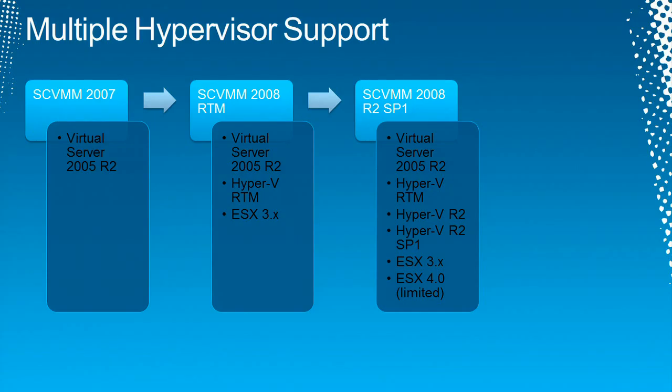In our SP1 that was just recently released this year, we've added support for ESX3 and ESX4 limited. And we also added support for Hyper-V R2 SP1. So the list keeps growing.